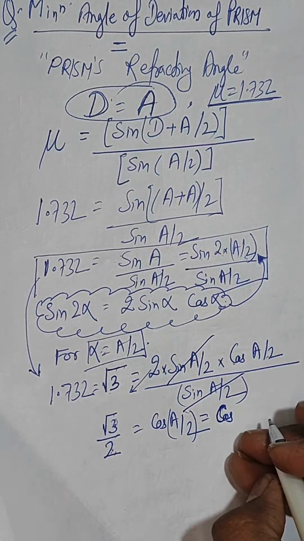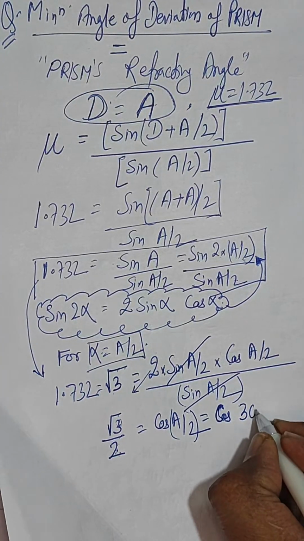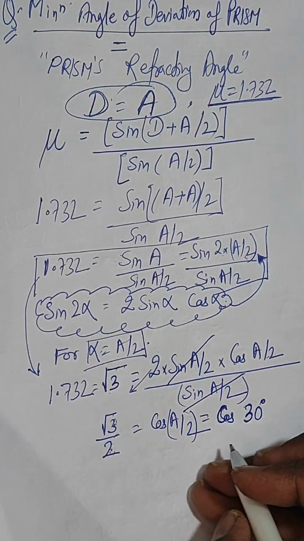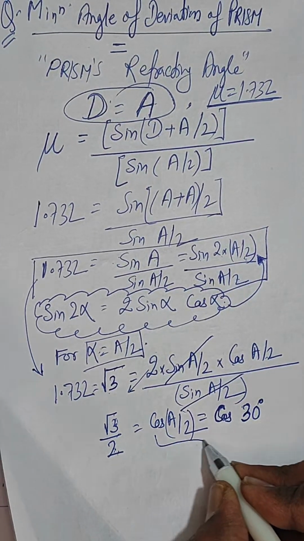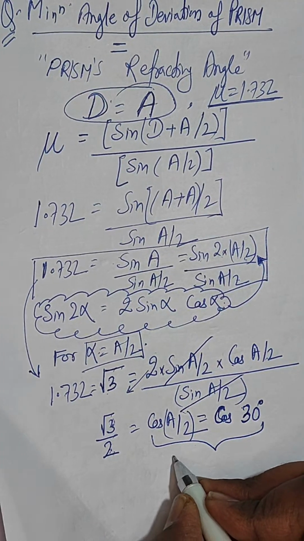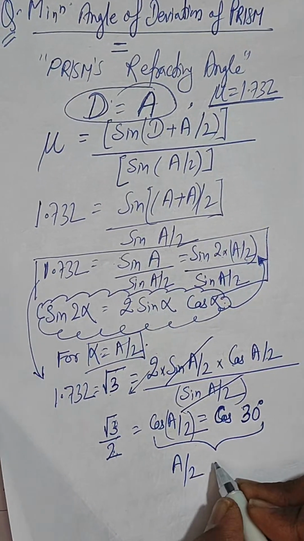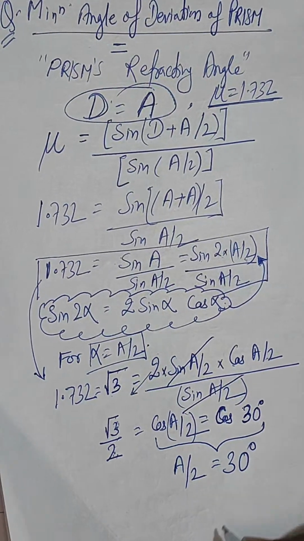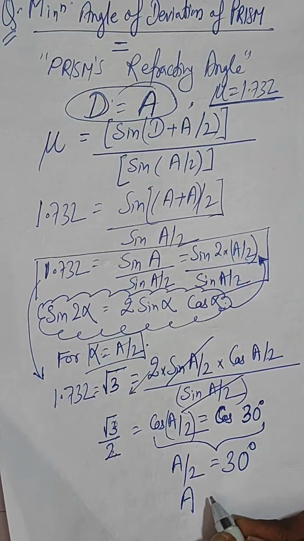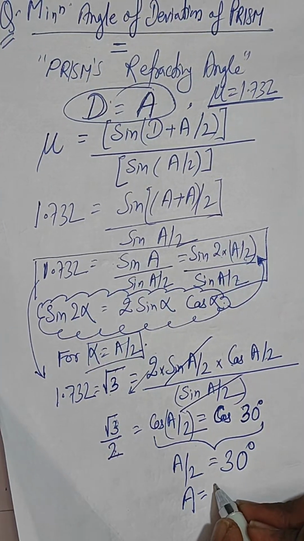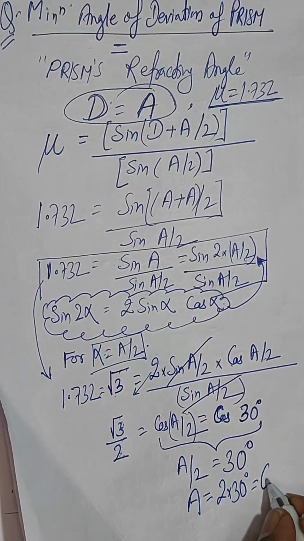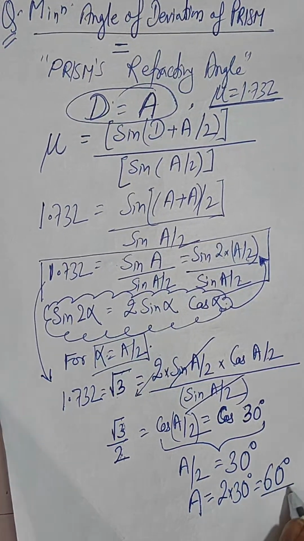In cos, it's cos 30 degree, right? So if you just compare it, you get A by 2 is equal to 30 degree, right? And that's why in the next step the angle of the prism is calculated as 2 into 30 degree, which is equal to 60 degree, right?